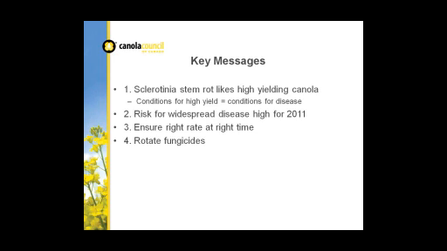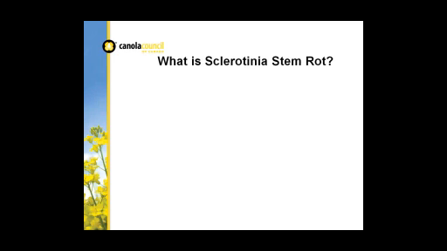Sclerotinia stem rot can develop resistance to a fungicide, so we need you to consider that when making your fungicide decisions. So those are the key messages, and we'll wrap up with those at the end of this presentation.